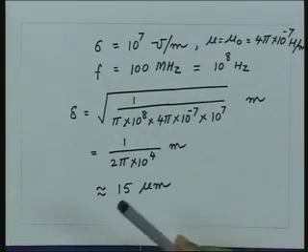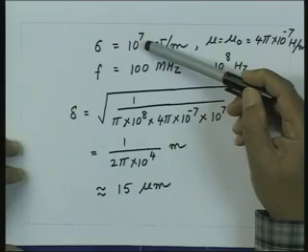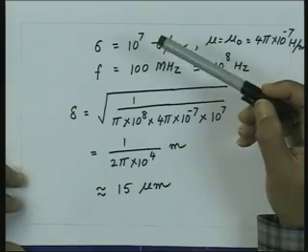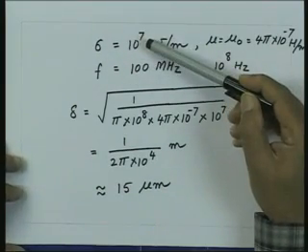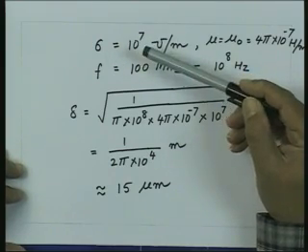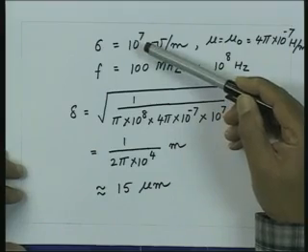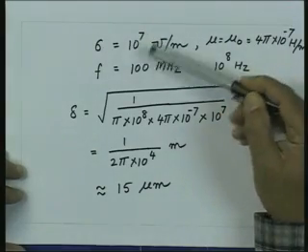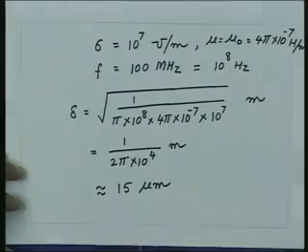So, if I take a medium good conductor having a conductivity of the order of 10 to the power 7, let me remind you that a good conductor like copper has a conductivity of 5.6 into 10 to the power 7, and silver has a conductivity even higher than this.